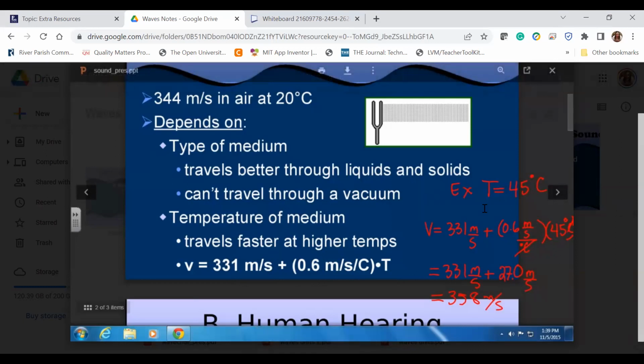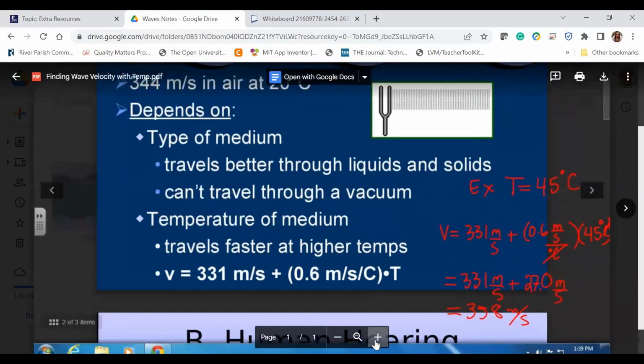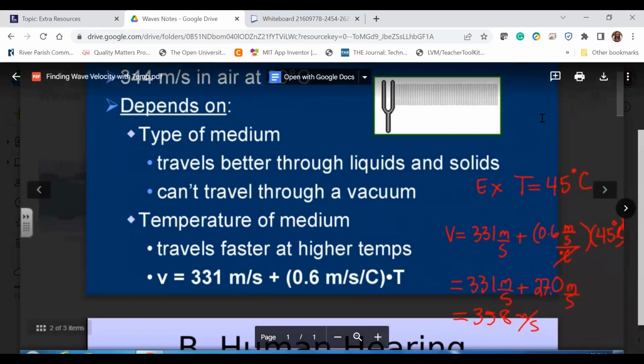So for example, I'll work an example for you here. If the temperature is 45 degrees Celsius, we multiply it times 0.6, that gives us 27. Our Celsius cancels out, and that's 27 meters per second.